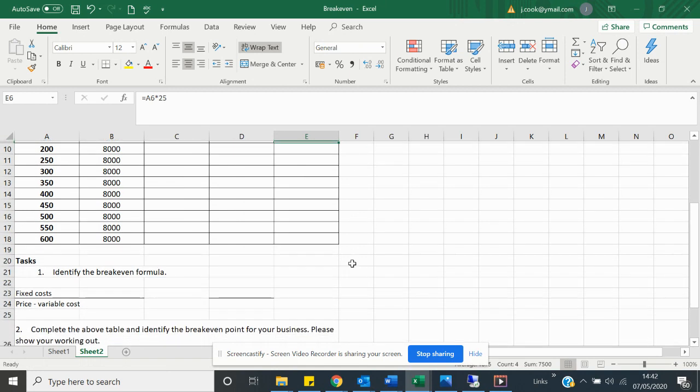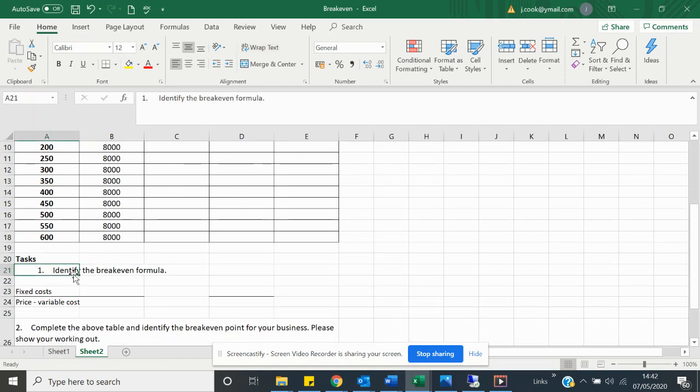So below here, I'm just too nice to you. Identify the break-even formula: fixed costs divided by price minus variable cost. That's often called a contribution because it's a contribution to cover the fixed costs, and that's the whole thing about doing a break-even: how many do you need to sell before you're going to cover your costs? In this instance our fixed cost we know is 8,000.